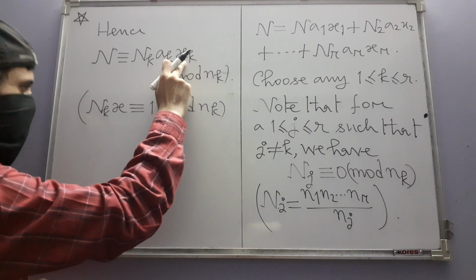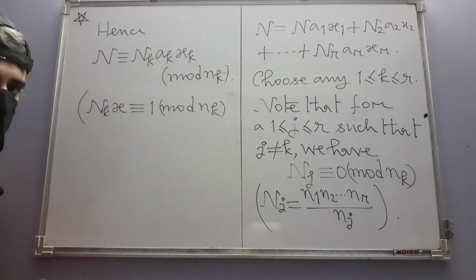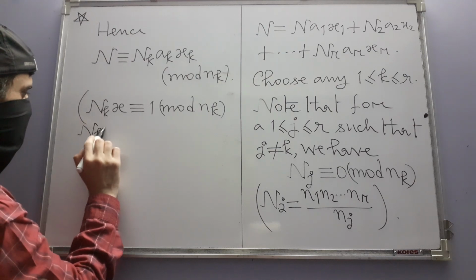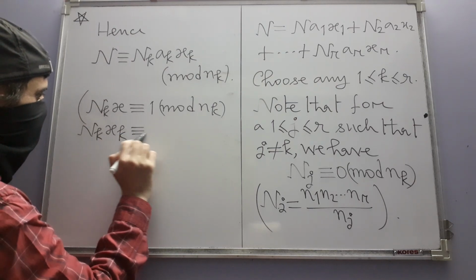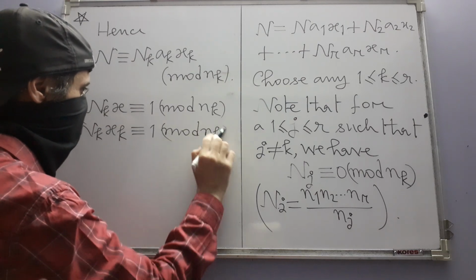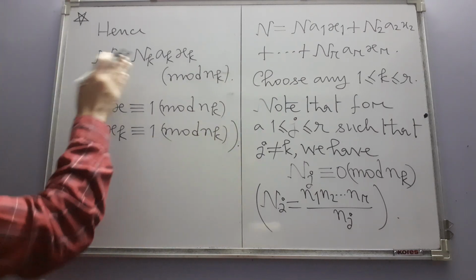Our xk is in fact nothing but a solution of this congruence. That's why Nk xk is congruent to 1 mod nk, and we can now use this here.